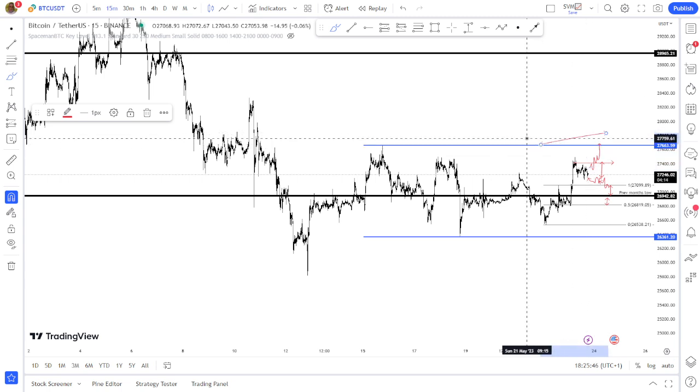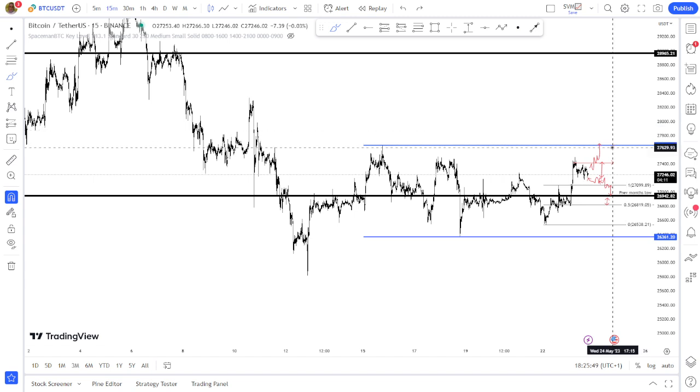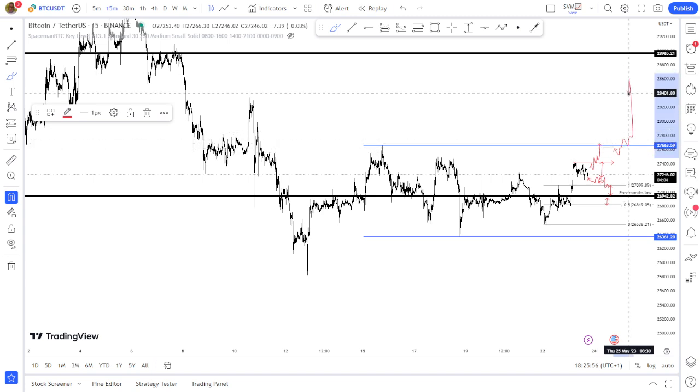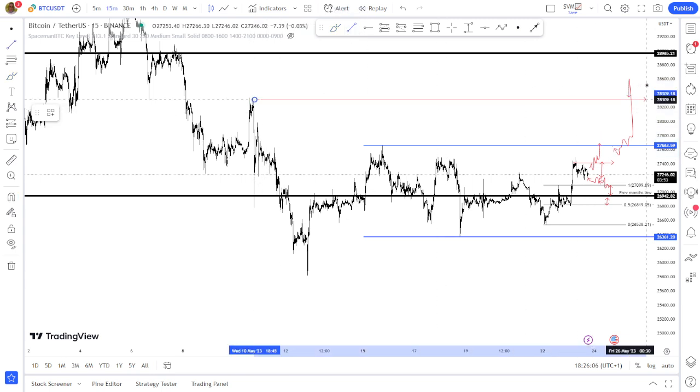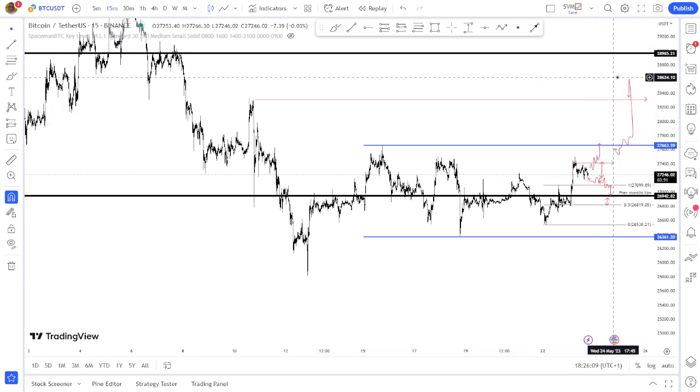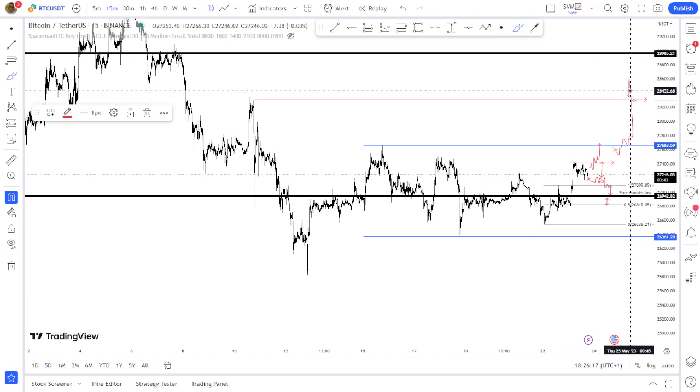If it starts to reclaim here as your trigger, then you target these highs we have here as first targets, then these are second targets. So this is TP1, then TP2, that's if price should reclaim last week's high.